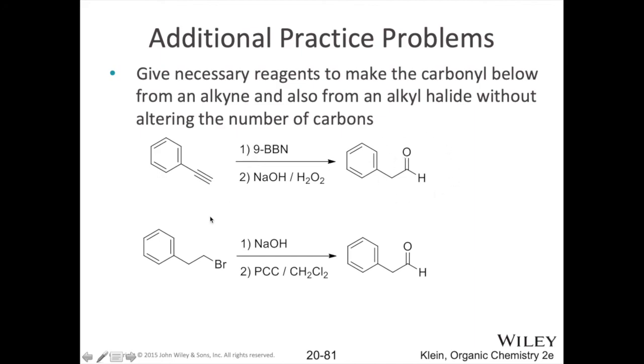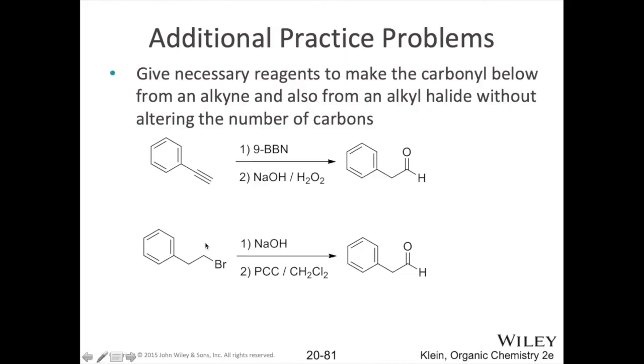Another way to do this, so here's an alkyl halide. You could swap out that halide for an OH group. Using hydroxide as a strong nucleophile, notice that this is a primary group, so it's prone to SN2 attack. So you have your hydroxide come in, kick off that bromide, and you form the corresponding primary alcohol.